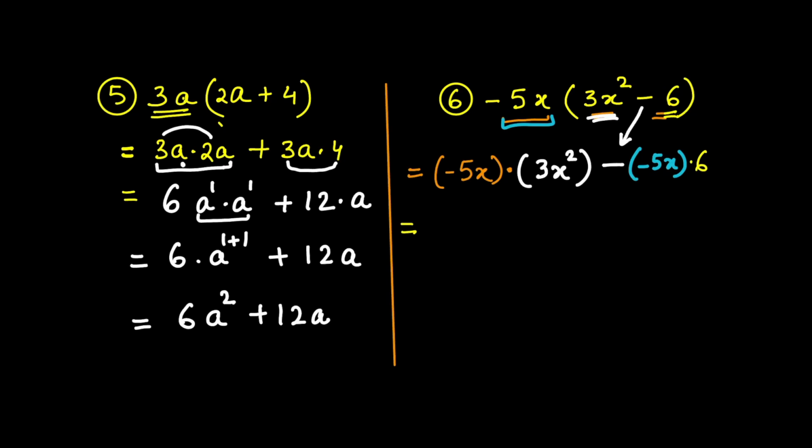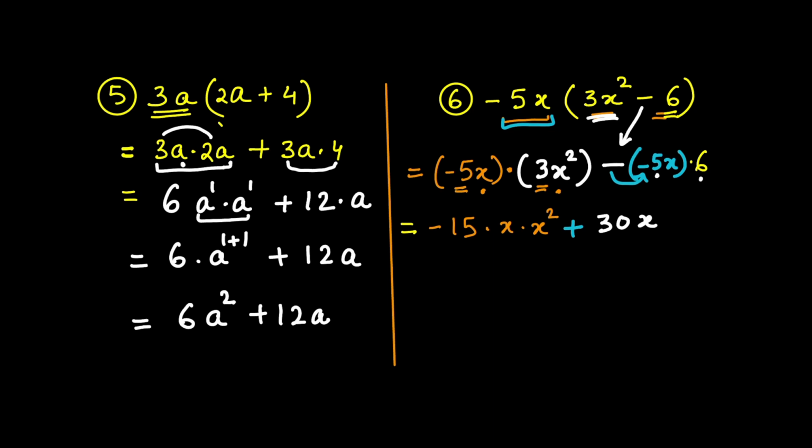So this is equals to, so we write here minus 5 times 3, which is minus 15. And now this x and this x squared, we write like this. And here we write minus times this minus, this becomes plus, and then we go to the numbers. So 5 times 6 is 30, and the variable x with it.